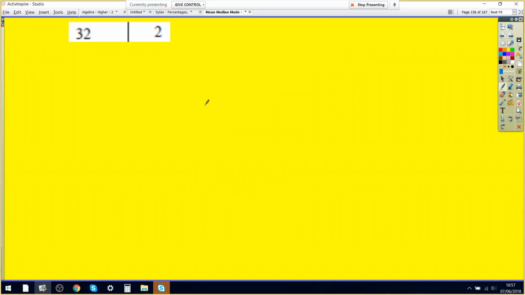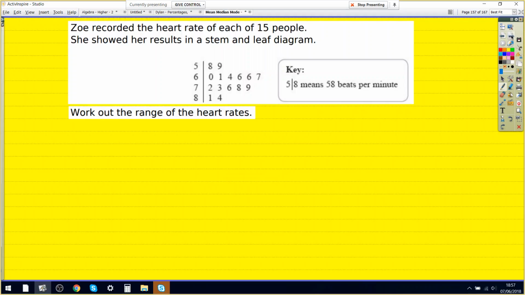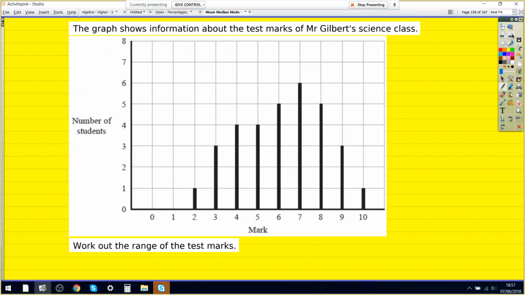Well done. Okay, same idea. How about this one? Range of the test marks. Eight. Yep.